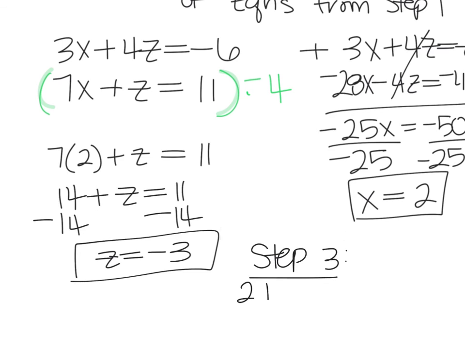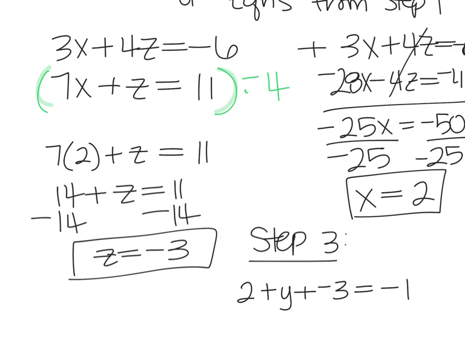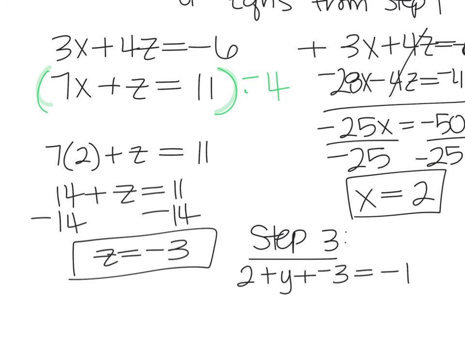So we're going to have 2 plus y plus z, which is -3, equals -1. When we do 2 plus -3, we're going to get -1 plus y equals -1. We're then going to add 1 to both sides and get that y equals 0.